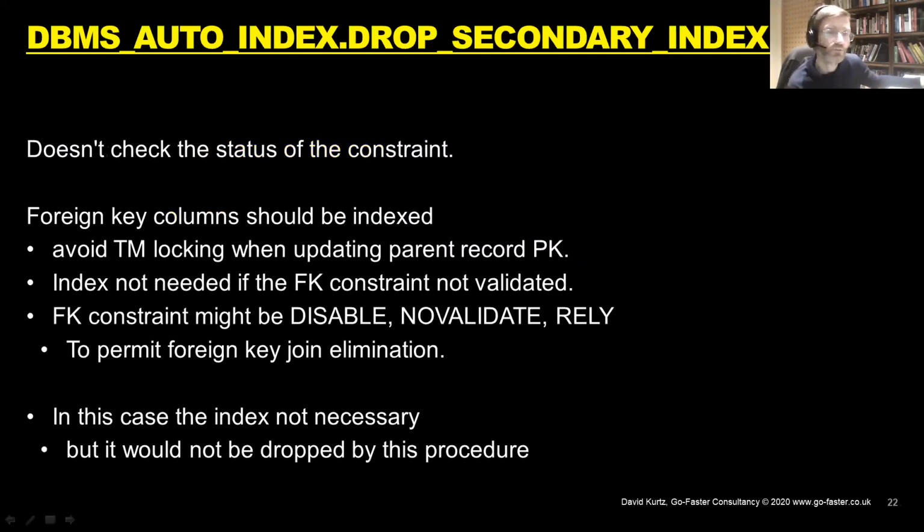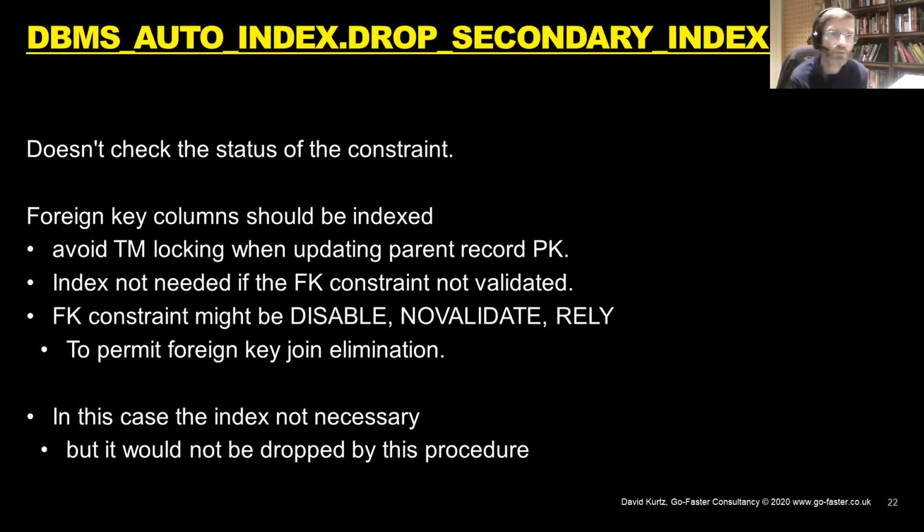One of the things it doesn't do, for instance, is check the status of the constraint. I could have a foreign key on a table, but it might be disable, no validate, rely. And I might have done that because I don't need to incur the cost of validating it. I can tell the database to trust me that it's there. But if the foreign key was enabled and it wasn't indexed, I could get TM locking when I update the primary key on the parent record, because Oracle then does a reverse lookup on the foreign key table.